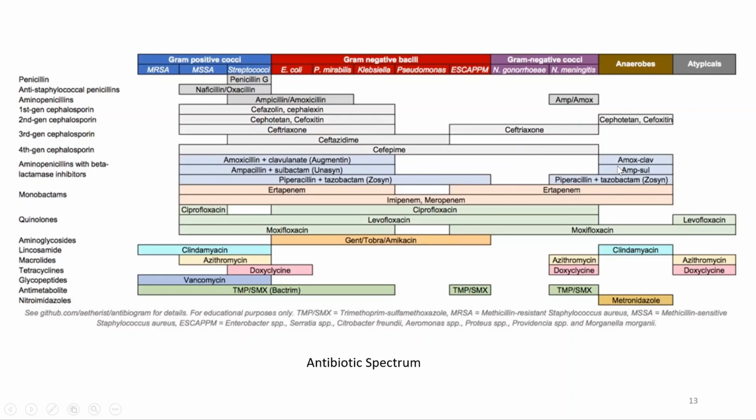So conventionally, as an option for empirical therapy, you might want to use a broad spectrum first because you don't know exactly what the most likely pathogen is, or what is the exact pathogen that caused the current condition. So these are the usual broad spectrum antibiotics that you want to use.